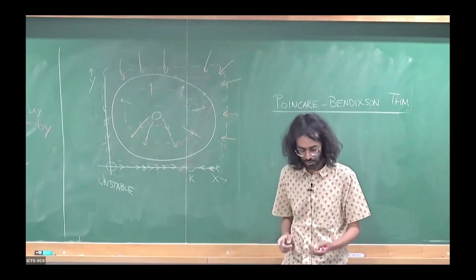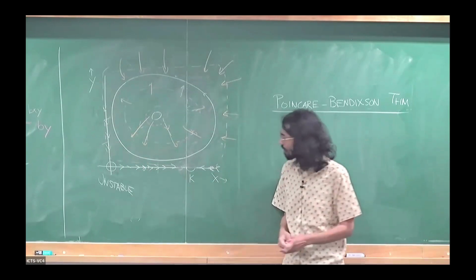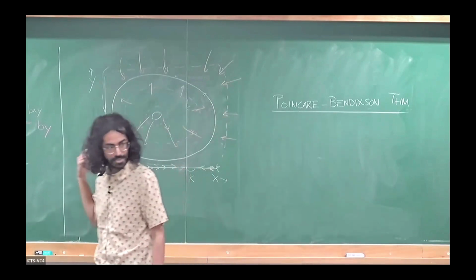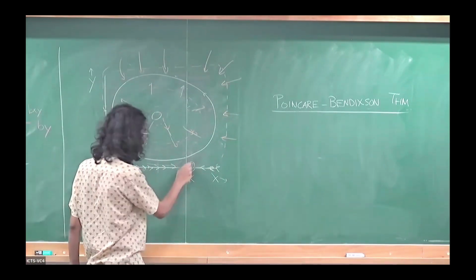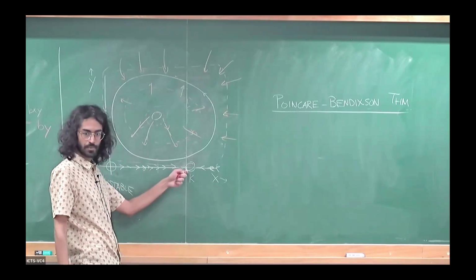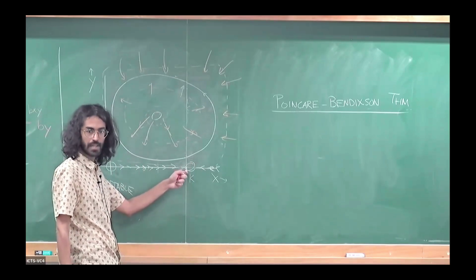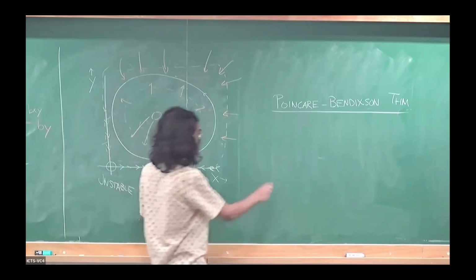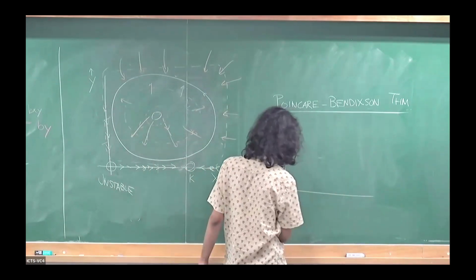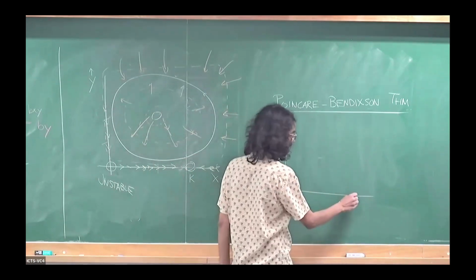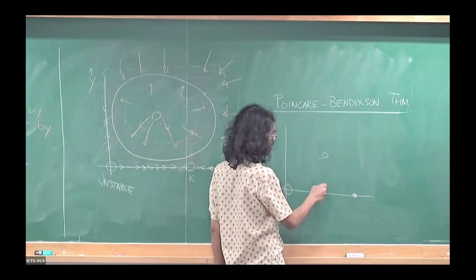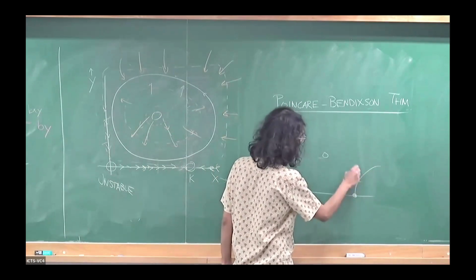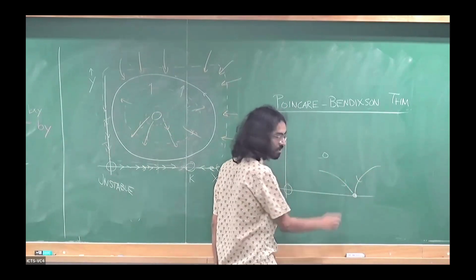But there's one last thing I want to point out here, which is that this didn't always have to be the case in this model. This was only the case where we chose our k so that this fixed point was unstable. The other thing that can happen in the same model is that you can have this point be unstable, this point be stable, and then in this case, this point will be unstable, and all the trajectories will flow into here.